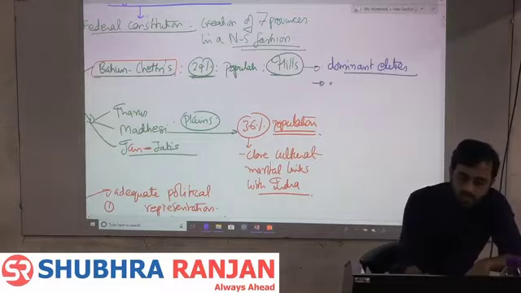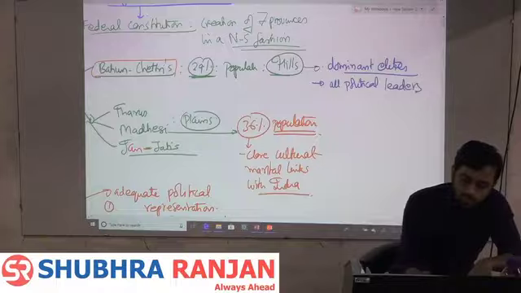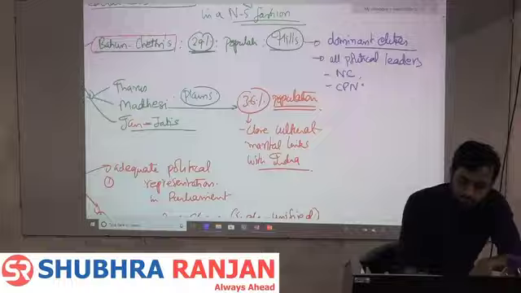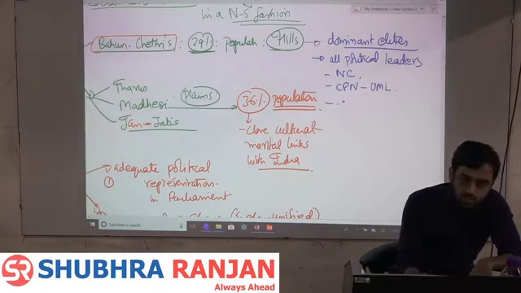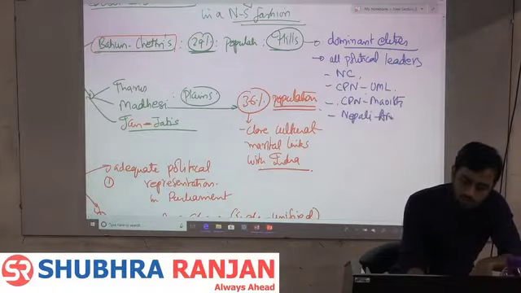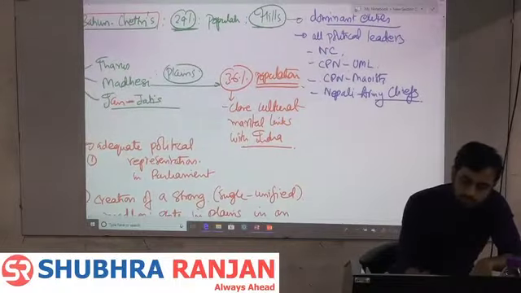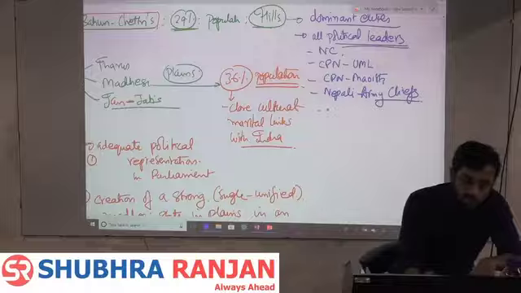Dominant elites in the sense that all political parties and major political leaders in Nepal, whether the Nepali Congress, the Communist Party of Nepal Unified Marxist-Leninist, the Communist Party of Nepal Maoist factions, the Nepali army chiefs, or the ex-royalty, basically all of them come from the Bahun Kshetri groups.